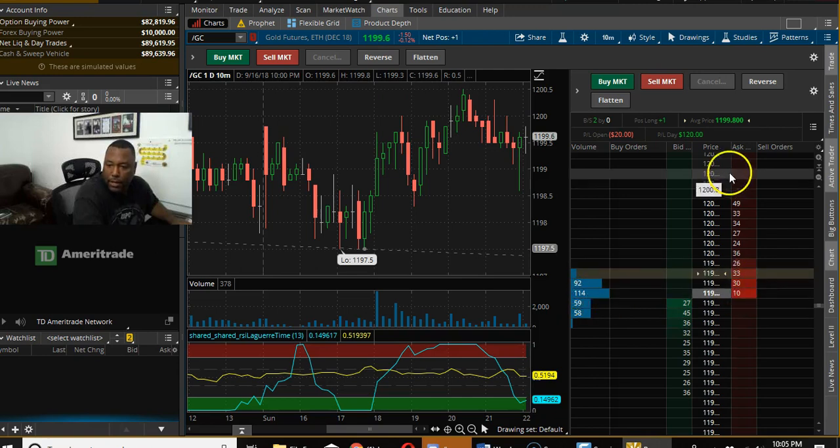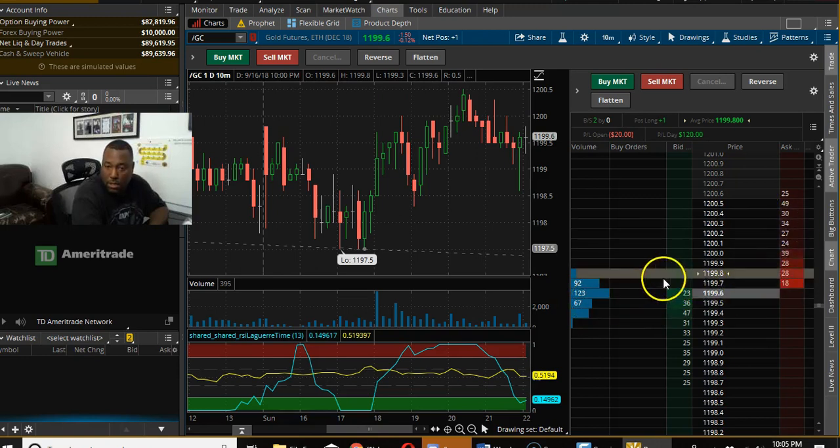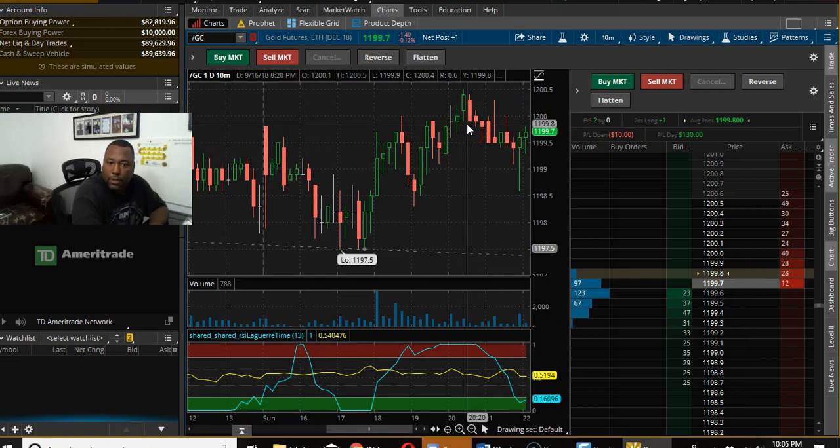So at this order, at this price, 11.99.5, you have the orders here. Then you have sell orders right here. So what I'm seeing is I have more buy orders on this side than sell orders. But considering I already made this move, I'm on and right here.